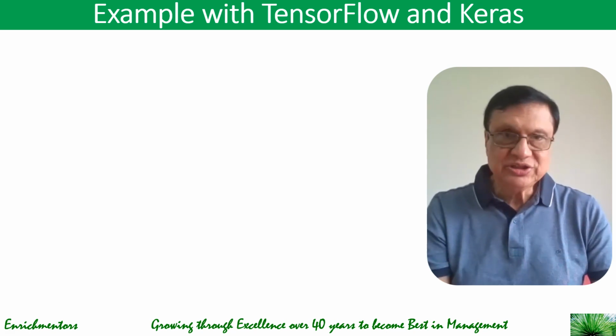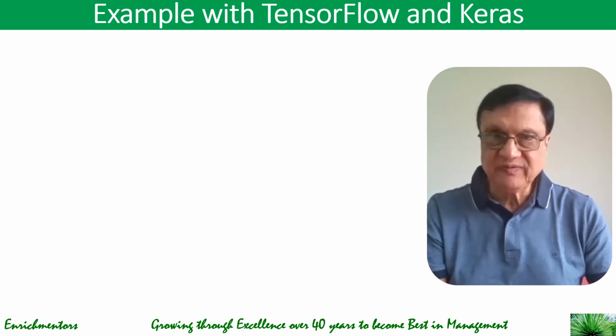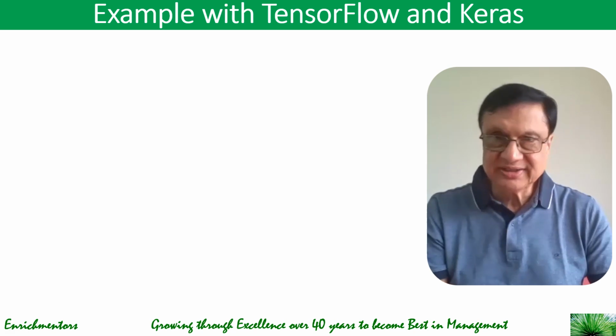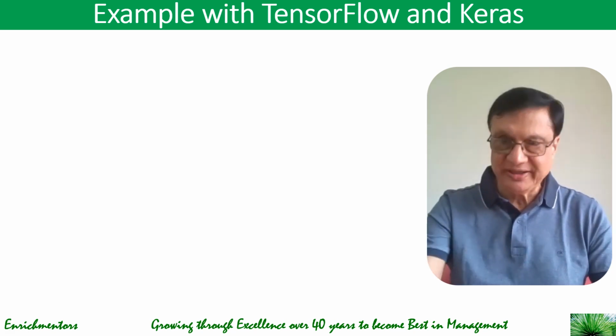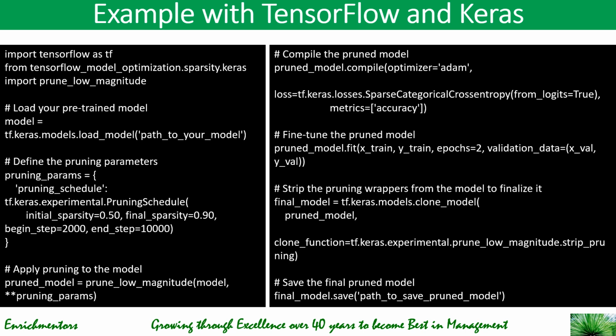TensorFlow provides built-in support for pruning through its TensorFlow Model Optimization Toolkit. Here is a basic example of how to apply pruning. You import TensorFlow as tf, then you take the optimization model and then you use this code to do that. So check both these codes out and see they're in sequence. Use these codes to see how well they work for you.